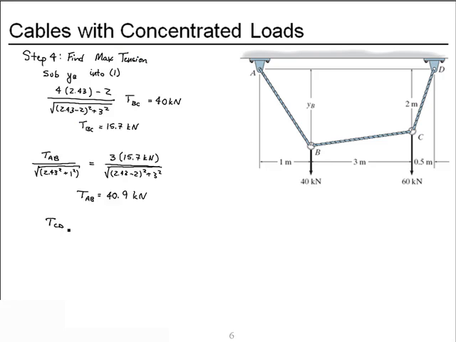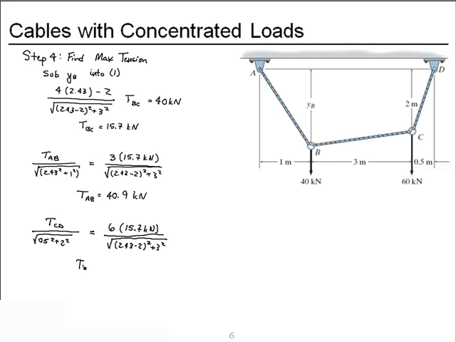So we have the tension in CD divided by 0.5 squared plus 2 squared equals 6 times the tension in segment BC divided by the square root 2.43 minus 2 squared plus 3 squared.